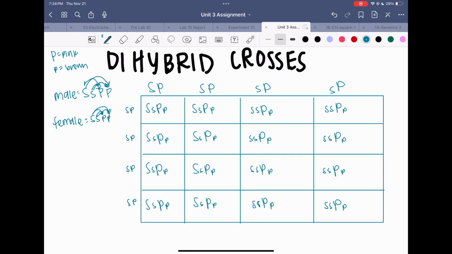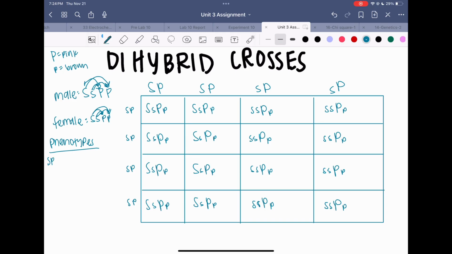Okay, so now we're going to look at the possible phenotypes that we could get from the crossing of these two dogs. So if there's a big S, that means they're going to have spots, and if there's a big P, they're going to have a pink tongue.